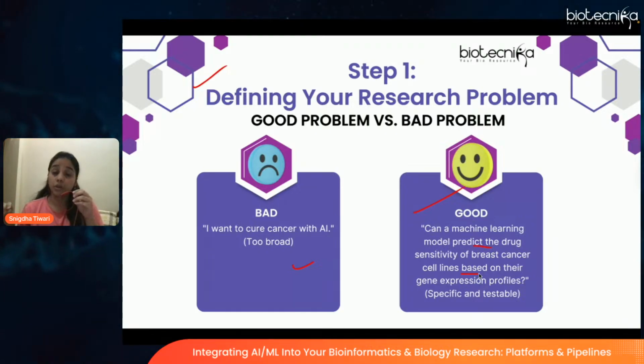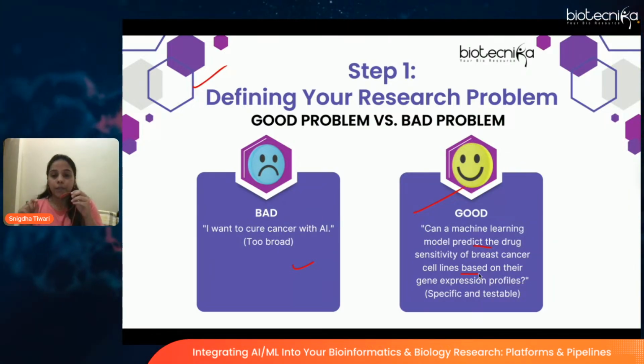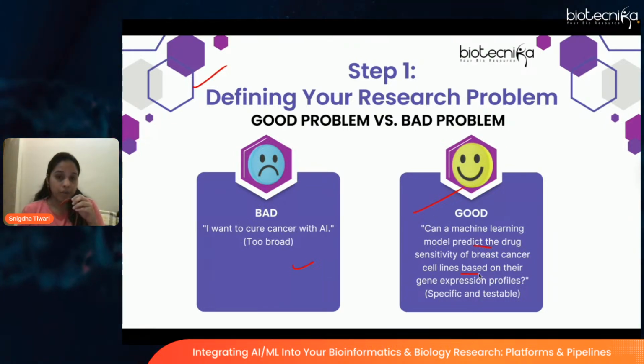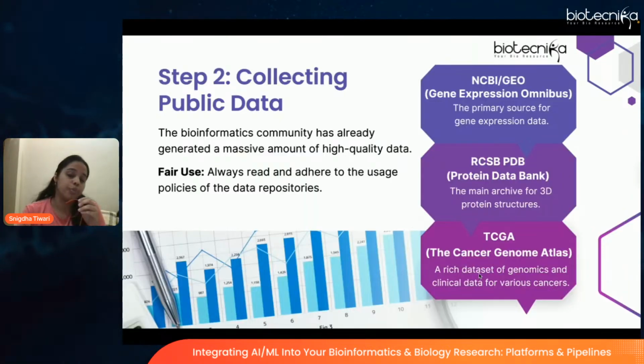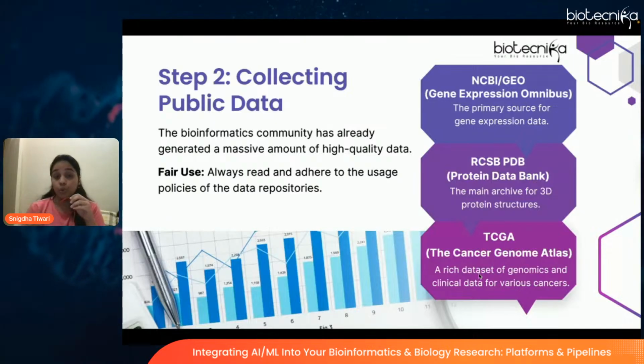I want to go to Gene Expression Omnibus or TCGA, or those lines of databases. You want to explore clustering algorithms, regression, and classification. So this is a good problem. For a research cycle, one should pick up a good problem.